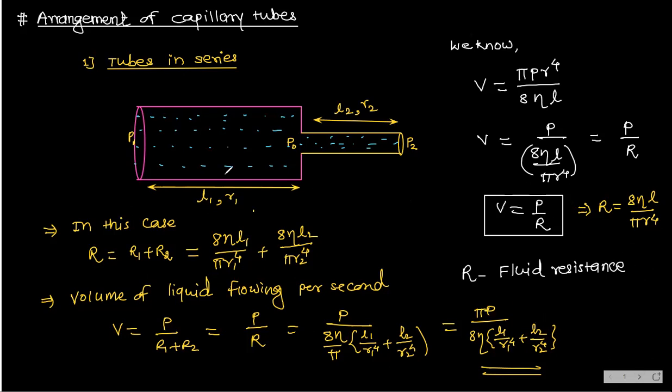Now, what is pressure here? Because we have taken here P1, P0, and P2. So what should we substitute at the place of P? So see, here P is equal to P1 minus P2, and this is equal to P1 minus P0 plus P0 minus P2.